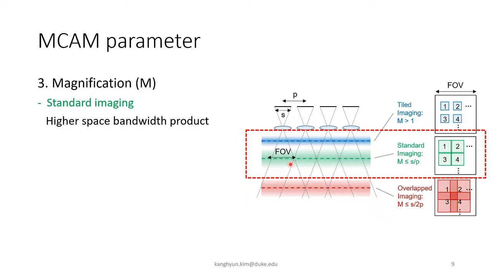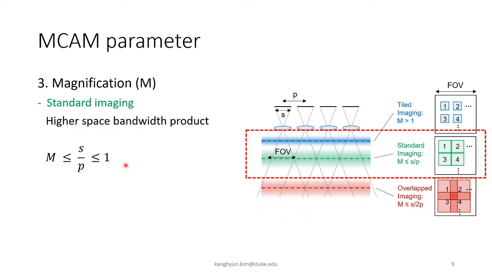To increase the space bandwidth product of the system, we decrease the sample distance such that the field of view of each camera overlaps only enough for stitching. The required magnification that can achieve a complete mapping of the sample plane is this. This explicitly notes that the magnification when imaging a continuous specimen area must be less than or equal to 1.